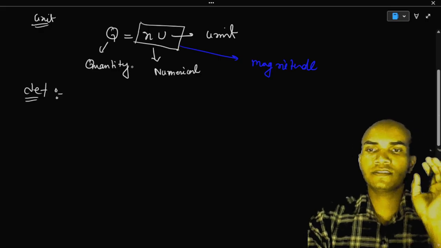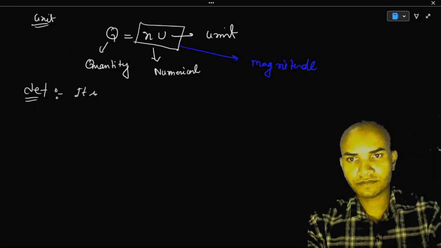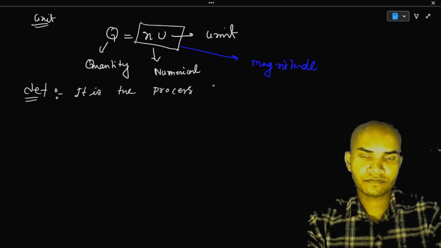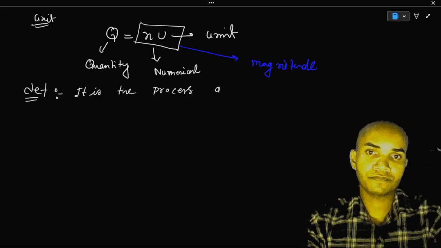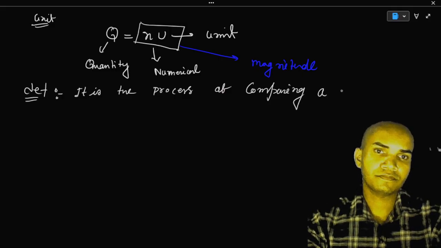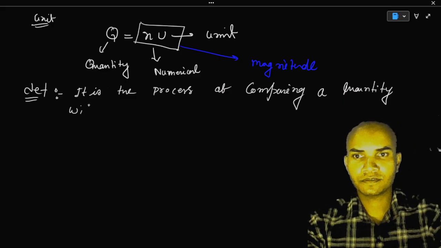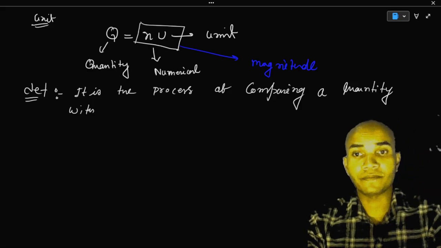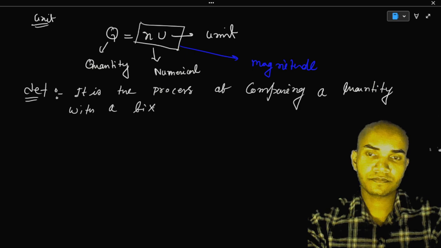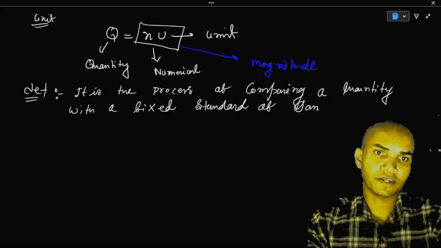So it is a measurable quantity. It is the process of comparing a quantity with a fixed standard of the same kind.